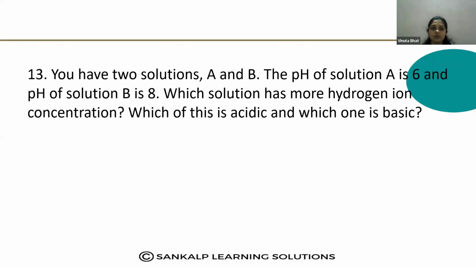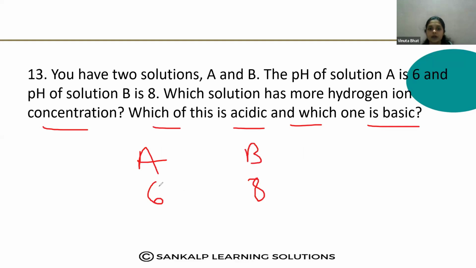Next question. You have two solutions A and B. The pH of solution A is 6 and the pH of solution B is 8. Which solution has the more hydrogen ion concentration? Which one is acidic and which is basic? A has 6 and B has 8. A pH of 7 means neutral, below 7 is acidic, and above 7 is a basic solution.